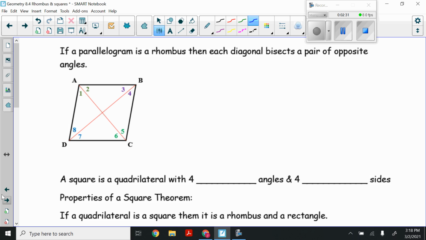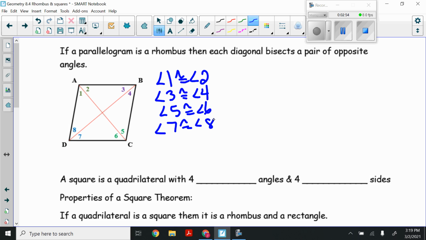We also know if a parallelogram is a rhombus, then each diagonal bisects a pair of opposite angles. So we would know that angle 1 is congruent to angle 2, angle 3 congruent to angle 4, angle 5 congruent to angle 6, and angle 7 congruent to angle 8.